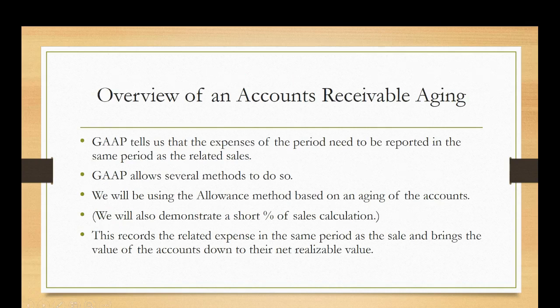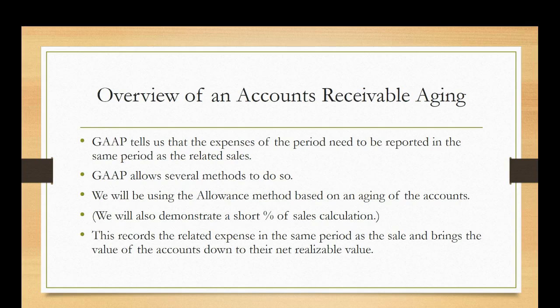Let's talk about a brief overview of what an accounts receivable aging is and what it's used for. As you know, accounts receivable are created when we sell our goods or services on account. Generally Accepted Accounting Principles, or GAAP, tells us that the expenses of the period need to be reported in the same period as the related sales.